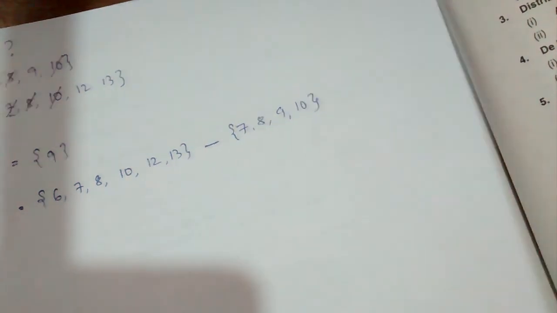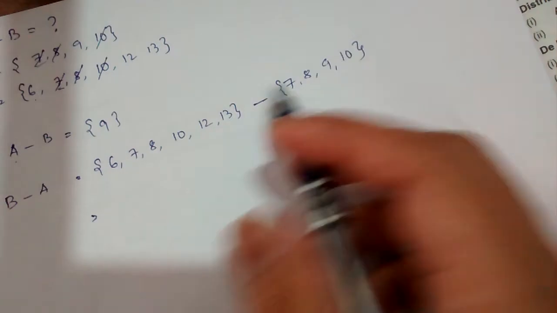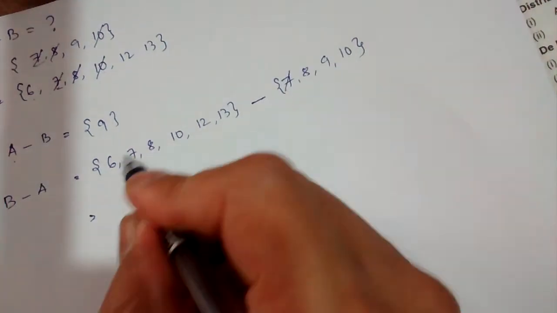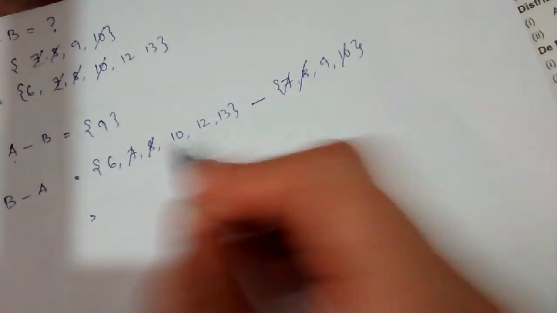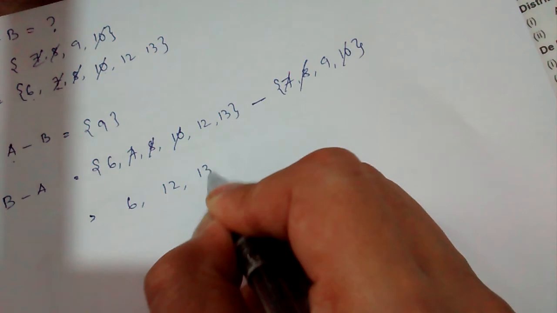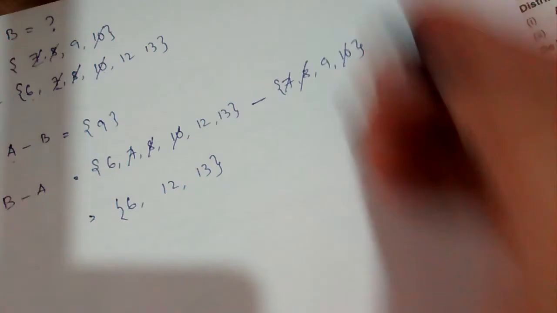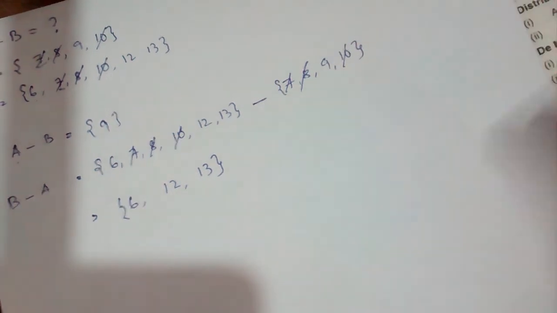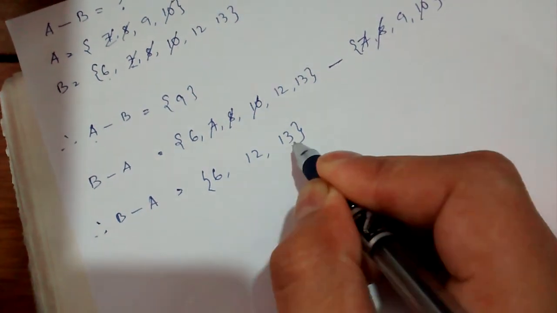Now you just strike off and see what is the remaining. 7, 7, 8, 8, 9 is not included here, 10, 10. So what is the remaining? 6, 12, 13. During the exam you can use a rough sheet and write it on the side. So B minus A will be 6, 12 and 13.